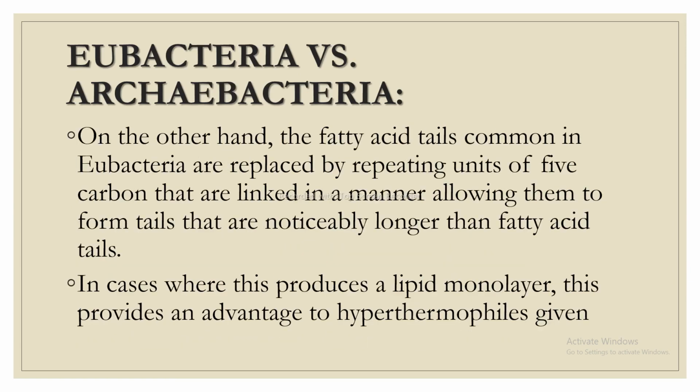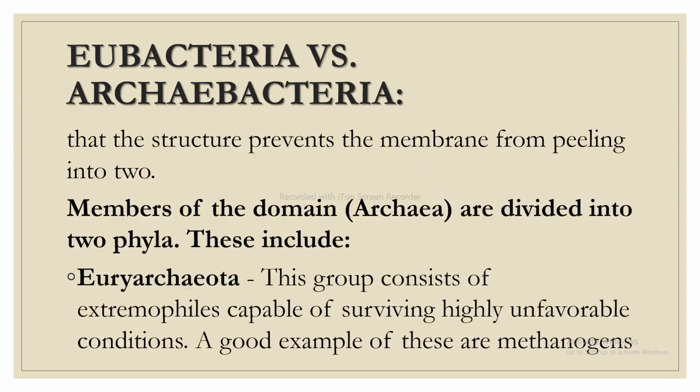On the other hand, the fatty acid tails common in the Eubacteria are replaced by repeating units of 5 carbon that are linked in a manner allowing them to form tails that are noticeably longer than fatty acid tails. In cases where this produces a lipid monolayer, this provides an advantage to the hyperthermophiles, given that the structure prevents the membrane from peeling into two membranes of the domain.